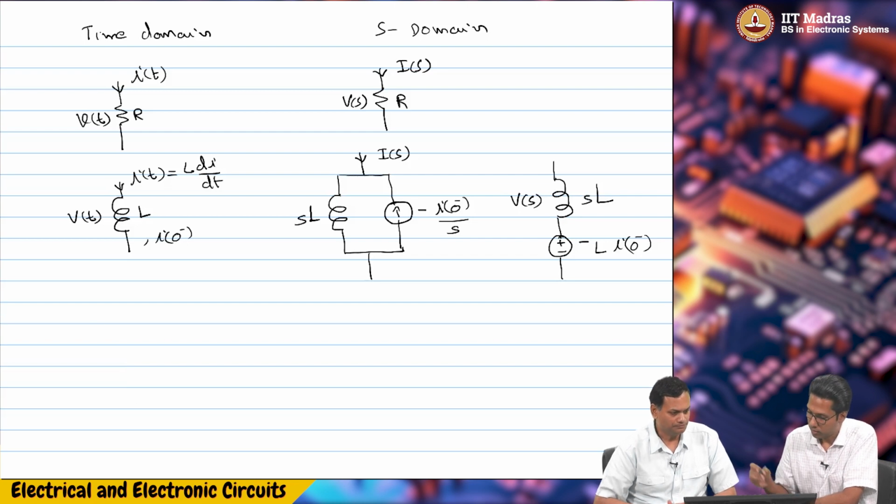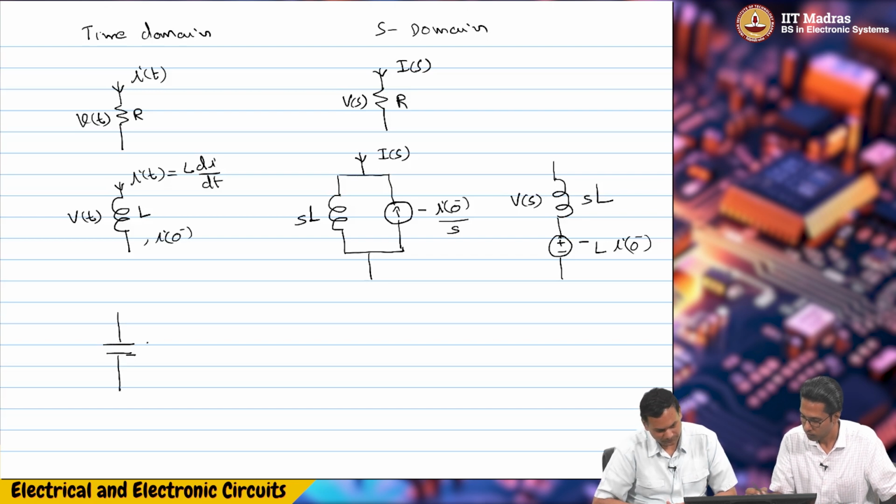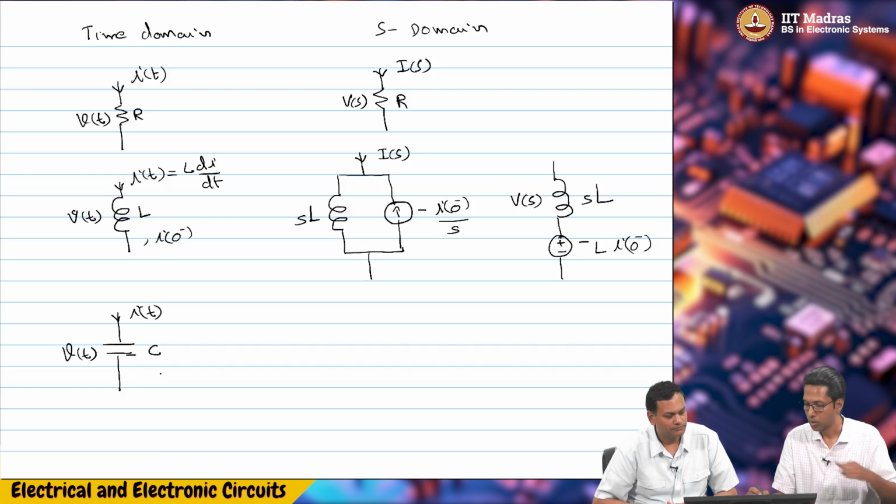Okay, now we'll bring in the capacitor. Here should we keep I of 0 minus or V of 0 minus?